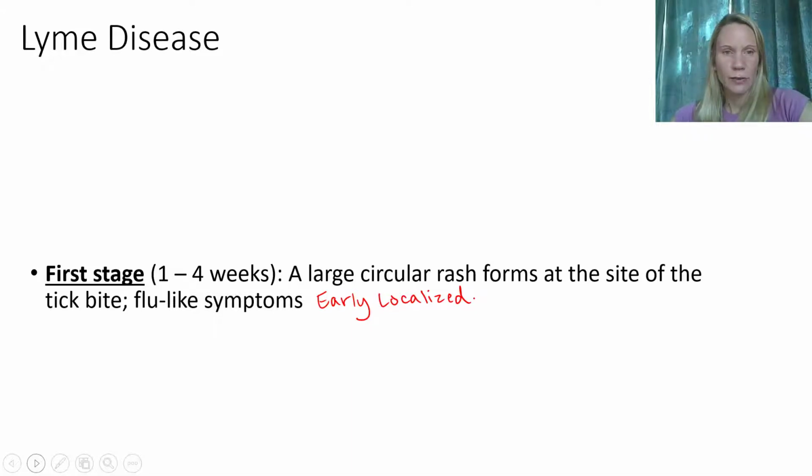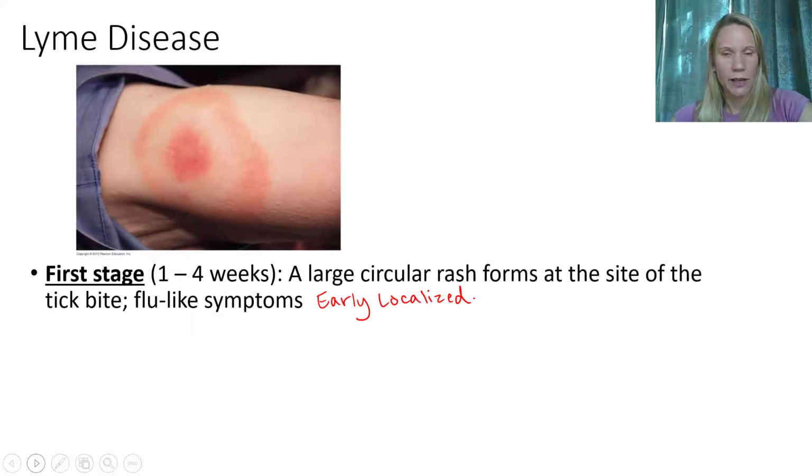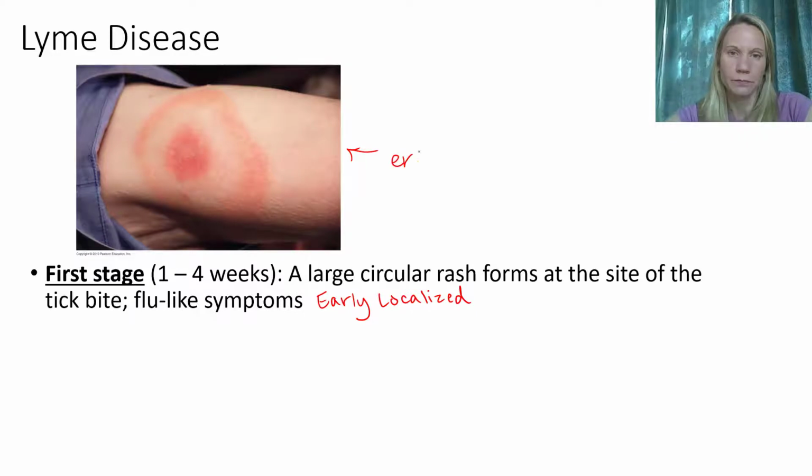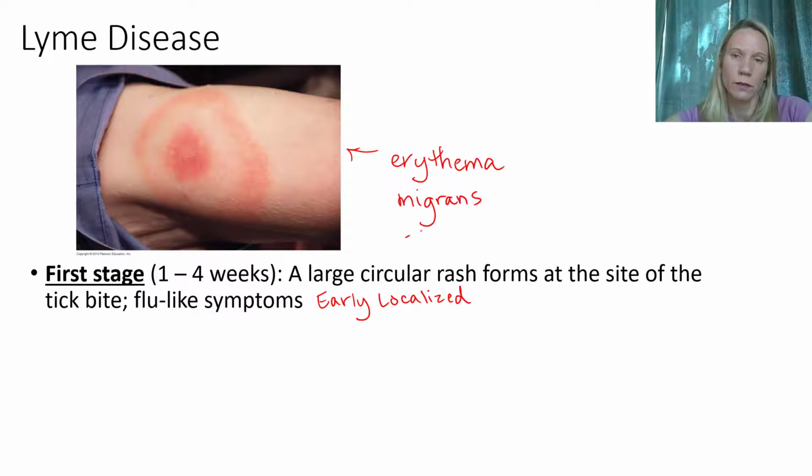Here's what the rash looks like. This rash we call erythema migrans, or EM. So erythema just means redness, and migrans means spreading.